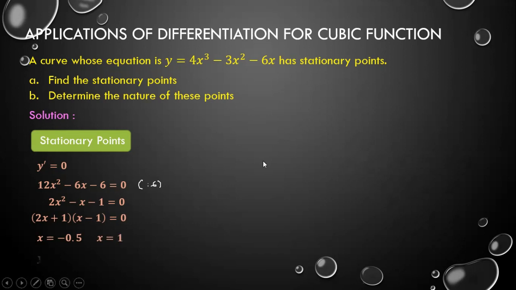Okay, can you find y1? Yes, y1 is 1.75 and y2 is minus 5. Students, how do you know that y is 1.75 and y is minus 5? That's very easy. The function is y equals 4x to the power of 3 minus 3x squared minus 6x.